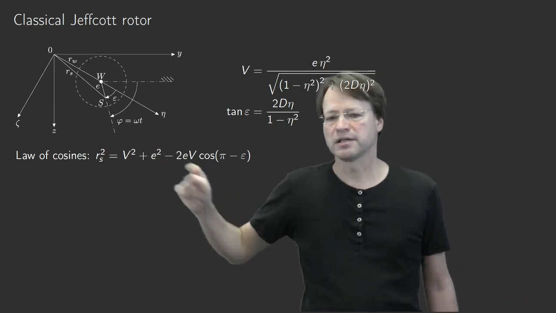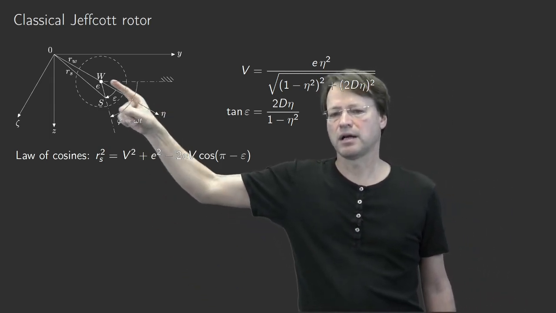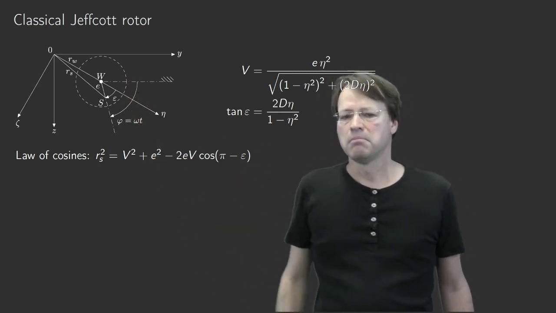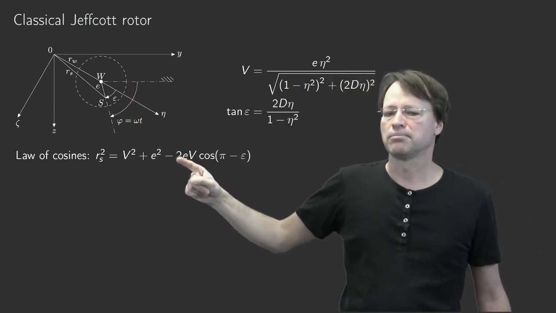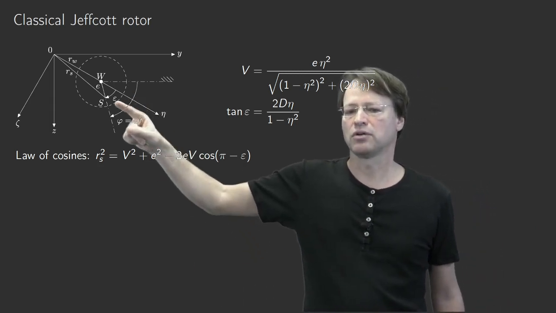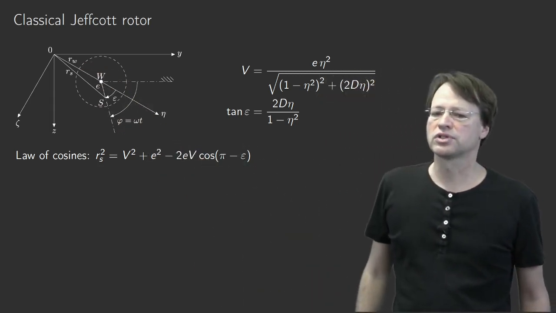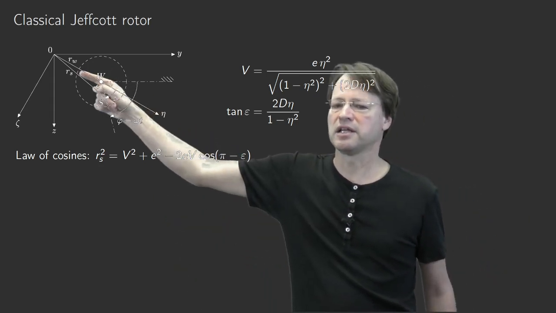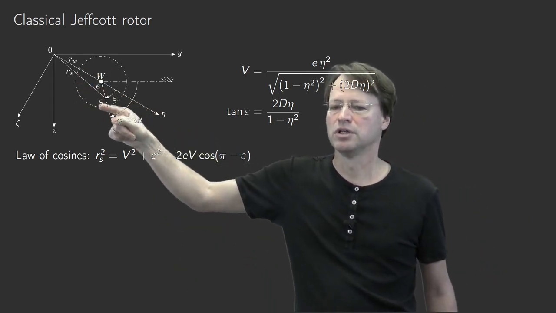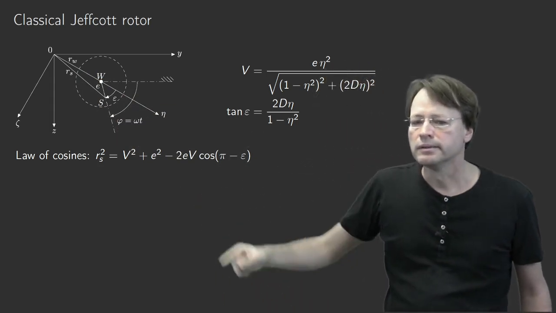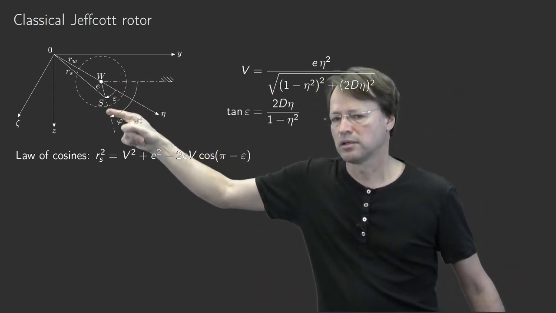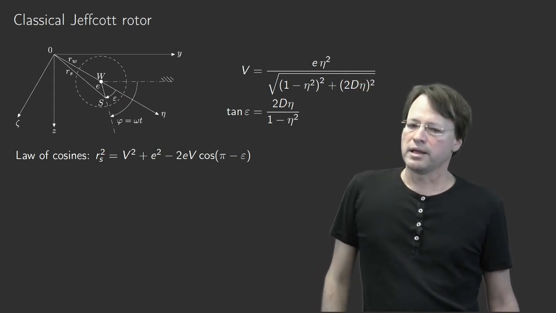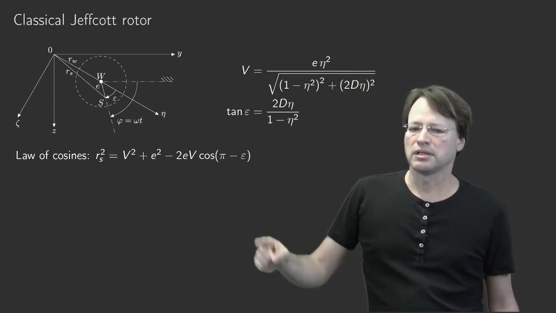So Rs squared is then V squared, Rw squared, plus E squared, minus 2 times the product of E and Rw, cosine of pi minus epsilon, so the cosine of that angle that extends from Rw to E, to that line that connects W and S. Well, there is one problem in that equation.